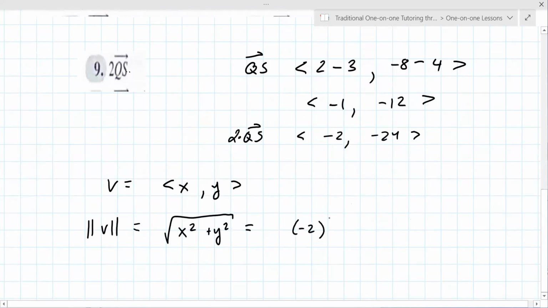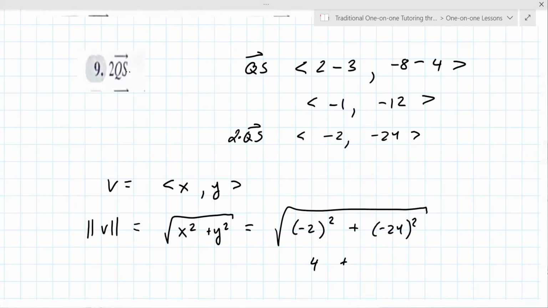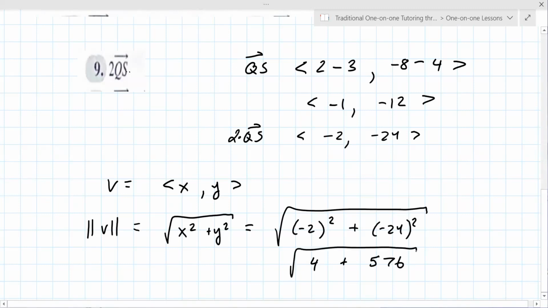So in your problem, it's the square root of -2 squared plus -24 squared. So that's 4 plus, what is that, 24 squared, maybe 576. Yeah, 576 square rooted.